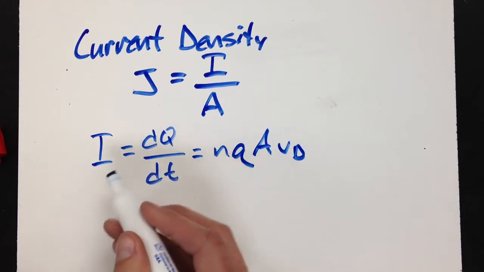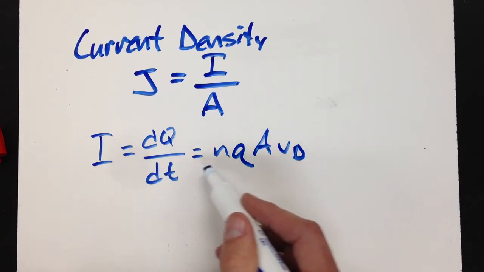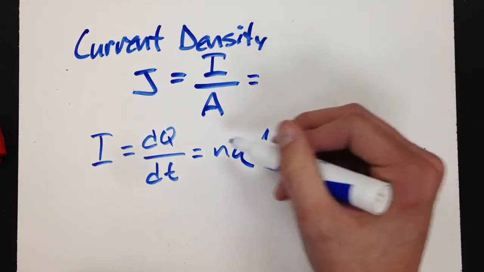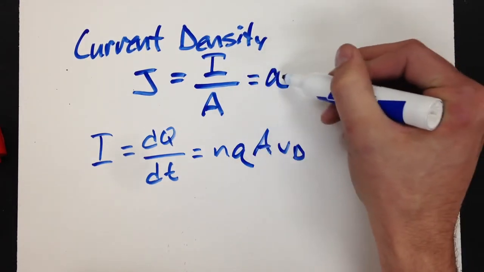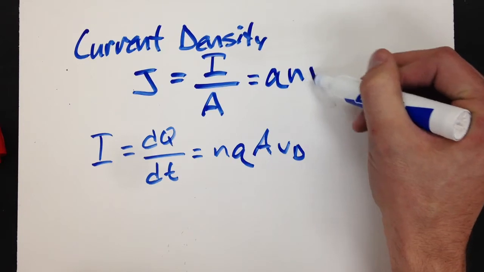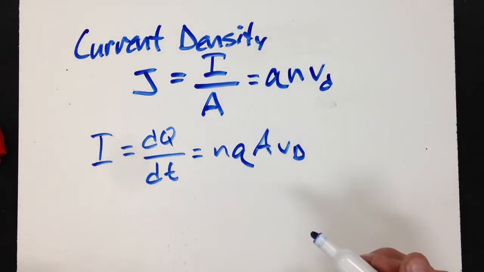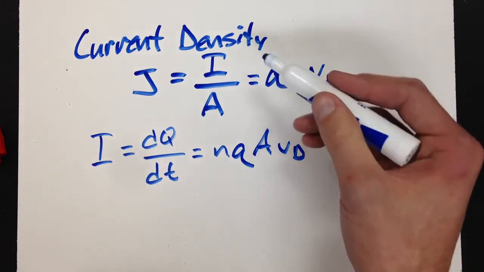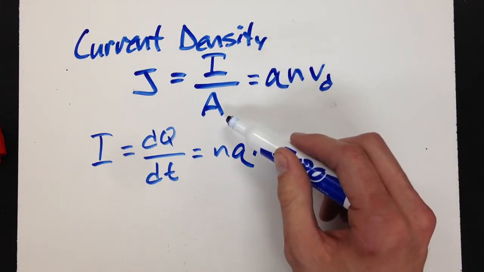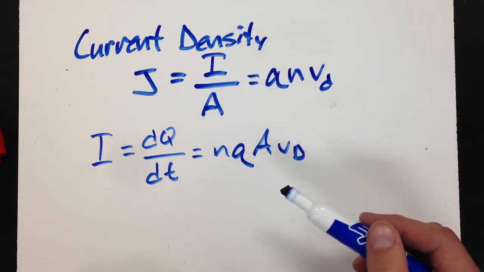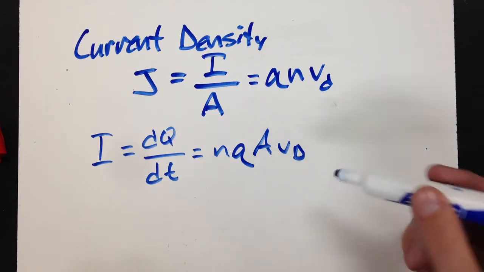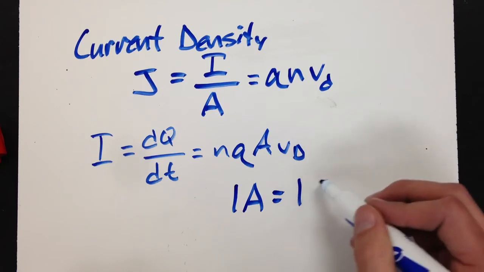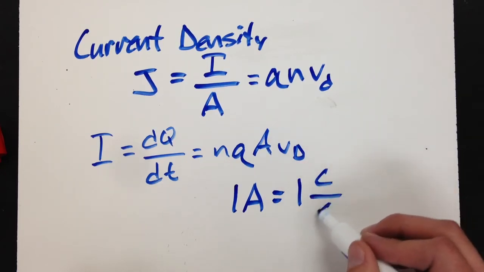Well, if I take current and I divide it by area, well then this A cancels, leaving me with just a current density, Qn times Vd. Current density is measured in amps per square meter. The unit on current is amps. And 1 amp is 1 coulomb per second.